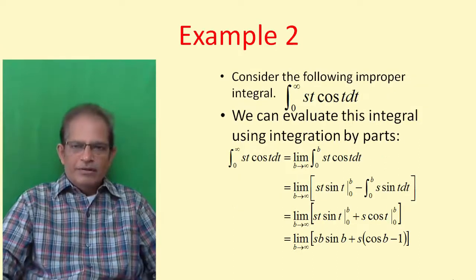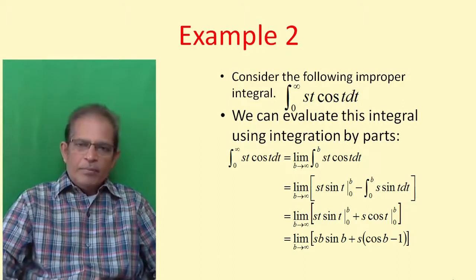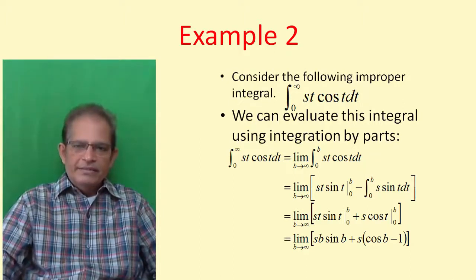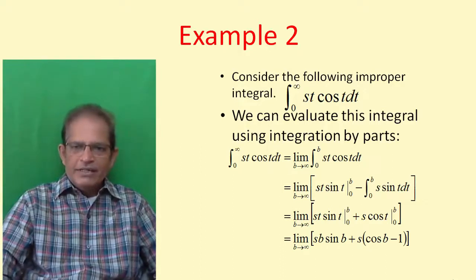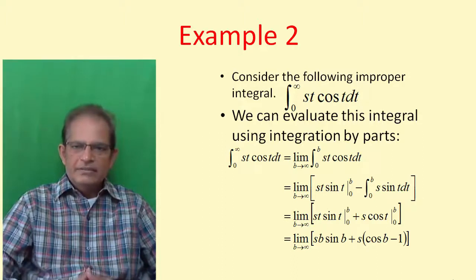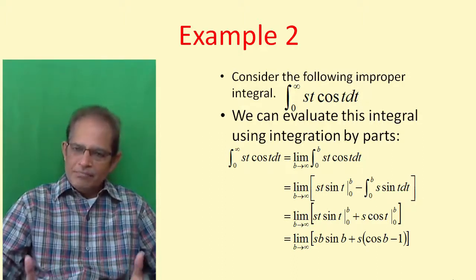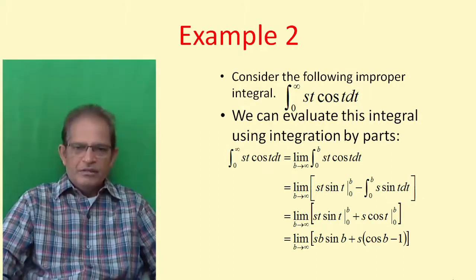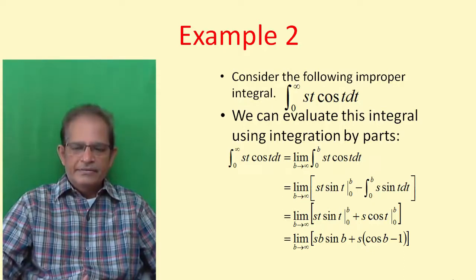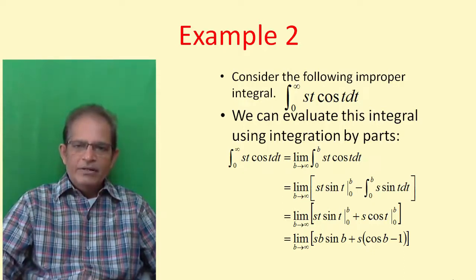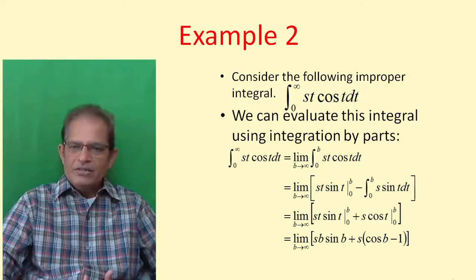Take another example. The improper integral 0 to infinity st cos t dt. Naturally, this integral can be evaluated using integration by parts. So integral 0 to infinity st cos t dt is the limit b tending to infinity of integral 0 to b st cos t dt.